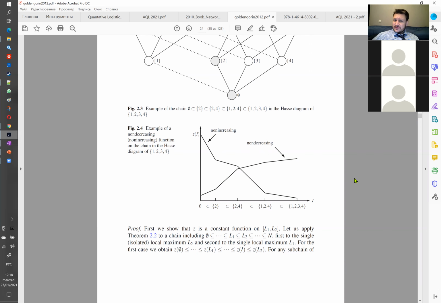For Hasse diagrams, it's also not very easy, but we can find one monotone way, when every set is a subset of the next set, and we have examples of non-decreasing functions and non-increasing functions.